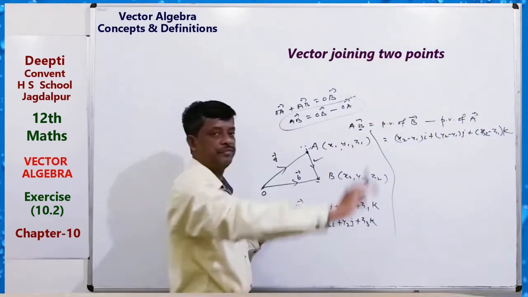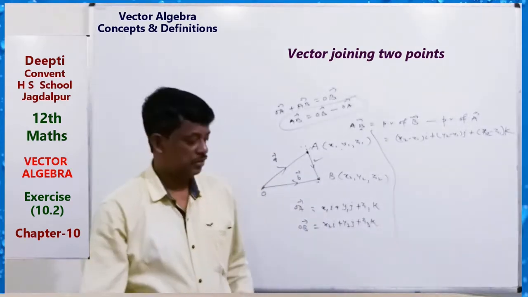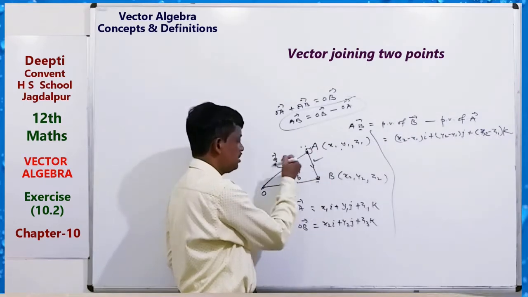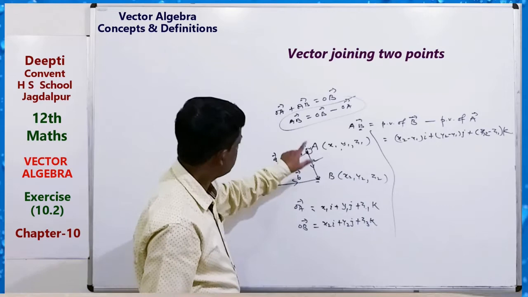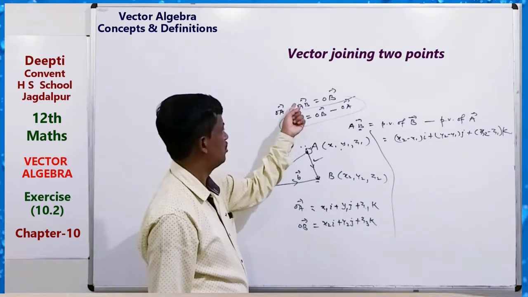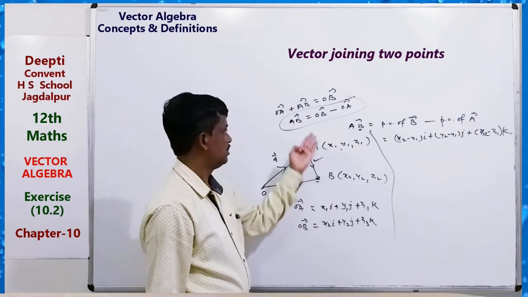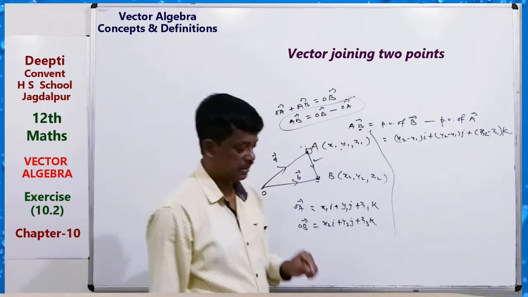This is the vector joining two points. If A is a point and B is a point, then OA and OB are the position vectors of A and B, and by the triangular law of addition, OA plus AB equals OB. So we get AB equals OB minus OA, just like that.